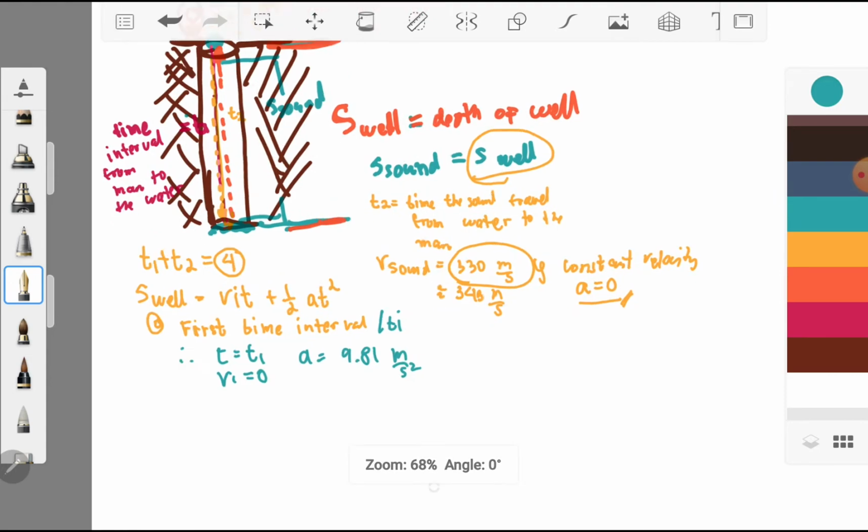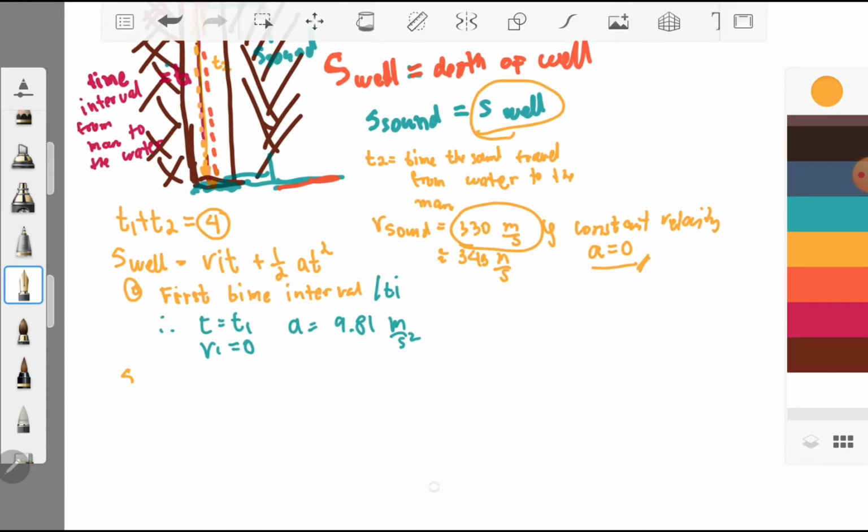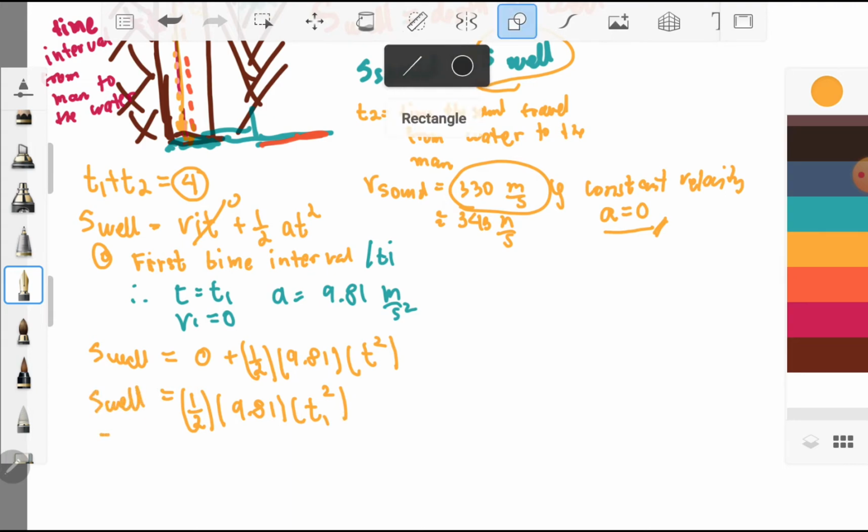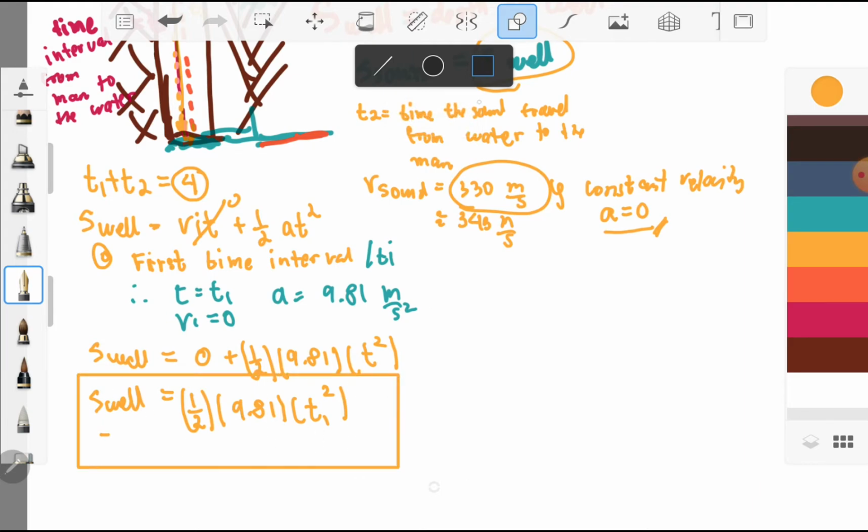So therefore, my S well is equal to Vit, which is 0, plus 1 half multiplied by 9.81 meters per second squared multiplied by our t squared. So take note that our t will be T1. So S well will be equal to 1 half multiplied by 9.81 multiplied by our T1 squared. This is our S well. Let this be your equation 1.